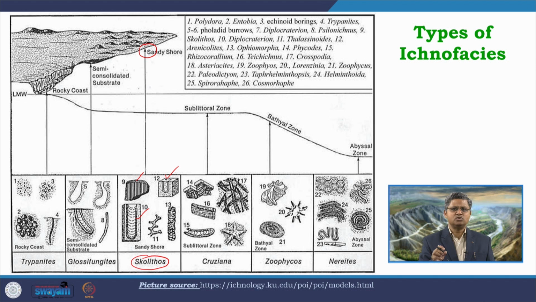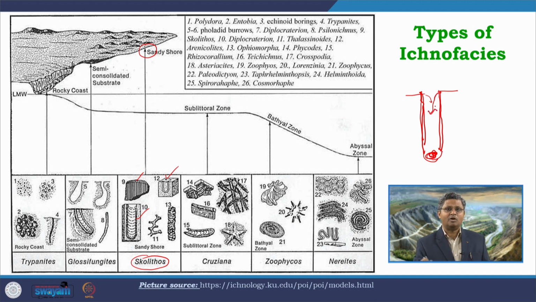So, these vertical burrows will be looking for some stability, and that stability is commonly provided by making a wall along the burrow. If this is the burrow structure, say this is the vertical wall from this substrate, then the organism will try to make a vertical wall along this burrow so that sand does not collapse into it, because the organism is thriving somewhere at this depth. Definitely, if the structure collapses, the organism will die.